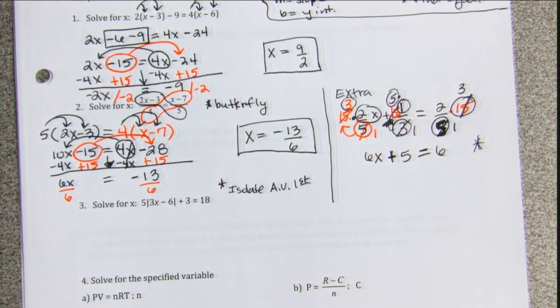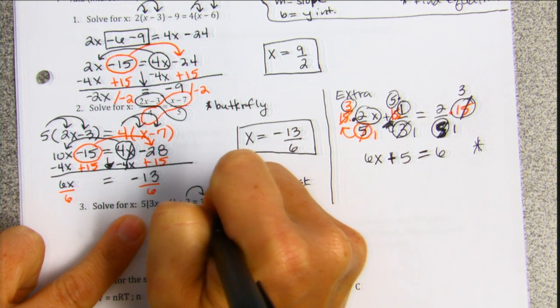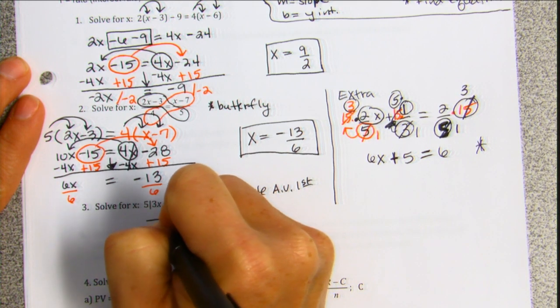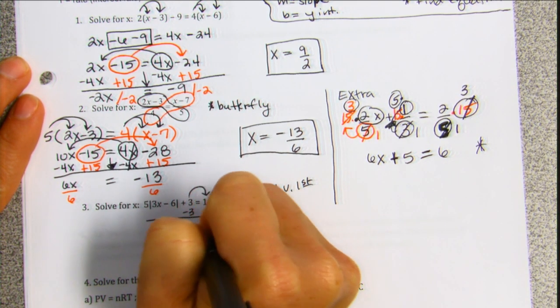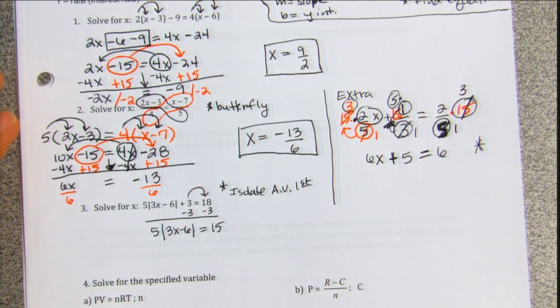So that just means getting everything by itself by those rules that we learned with solving equations. The first thing I would want to do is subtract 3. So I have 5, the absolute value of 3x minus 6 equals 18 minus 3, which is 15.